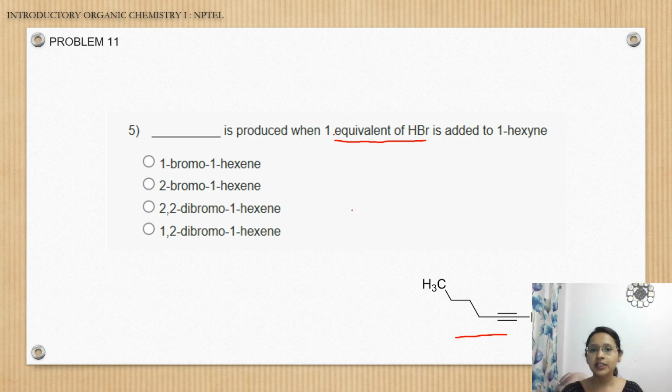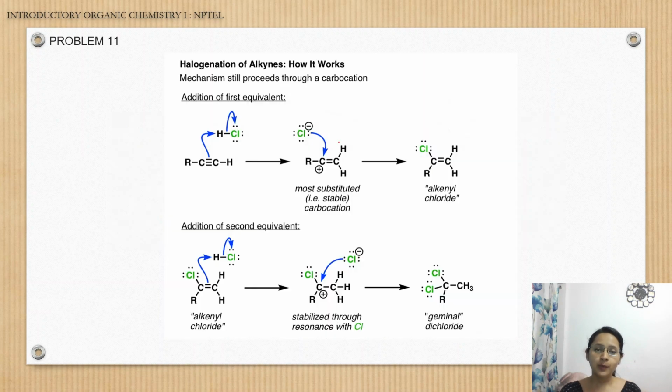So here one equivalent is present. That means only one mole of HBr is there. So if one equivalent is there, only one addition will take place. The second addition will not take place, because for the second addition HBr is not there. So now what happens? Again the similar procedure. Instead of Cl, you have a Br here, right?